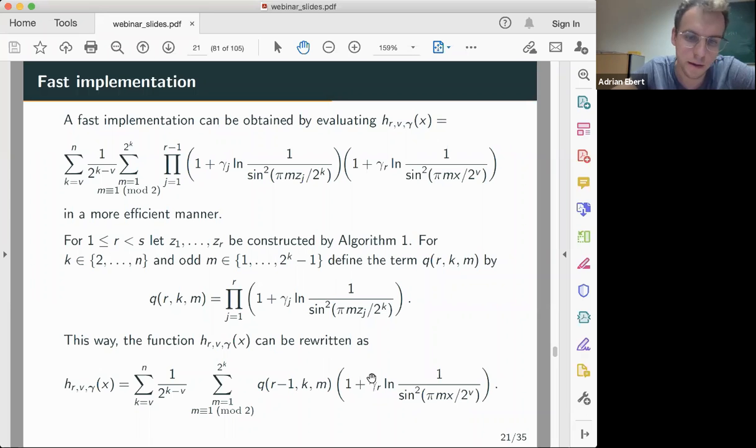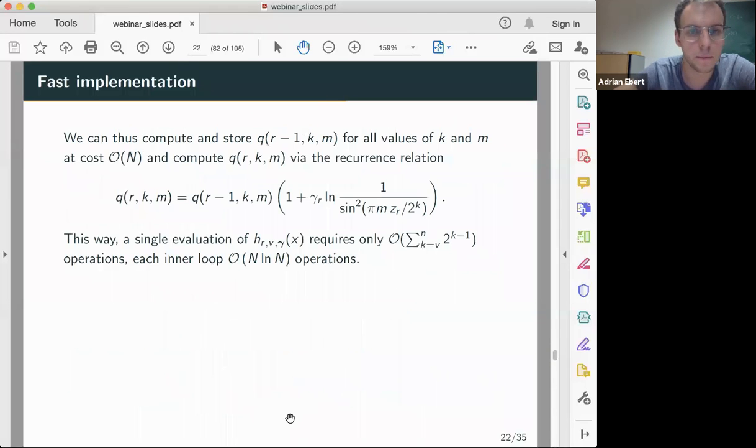In this way we can then rewrite our quality function. We don't have to compute this anymore, just once in the beginning, and we can then use this recurrence relation to update this q for going from r-1 to r.